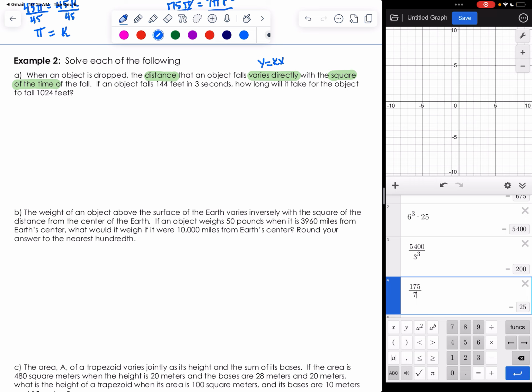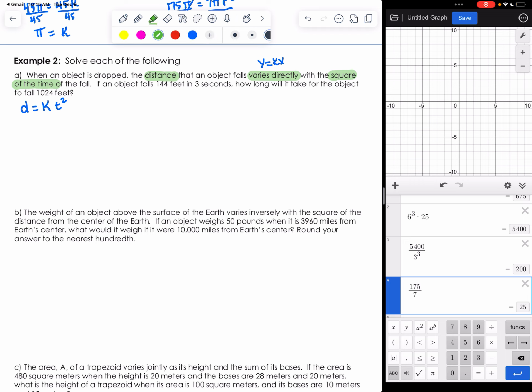I want to use letters or variables that represent what's going on in the situation. For distance, I'm going to use d equals k times something. So what does it vary directly with? It varies directly with the square of the time. So I'm going to put t squared. So there's our basic equation. D equals k times t squared.